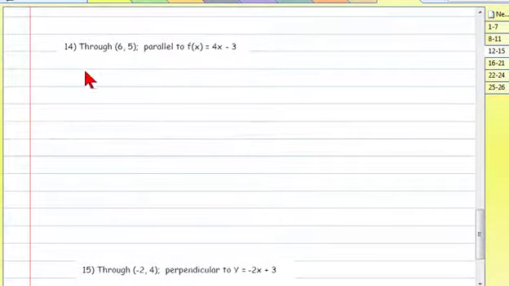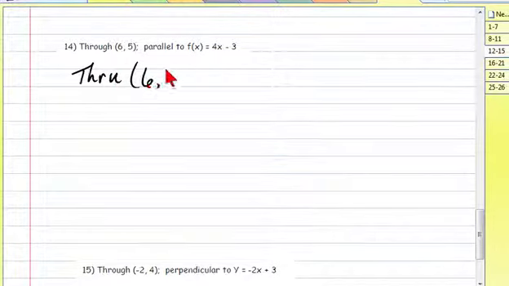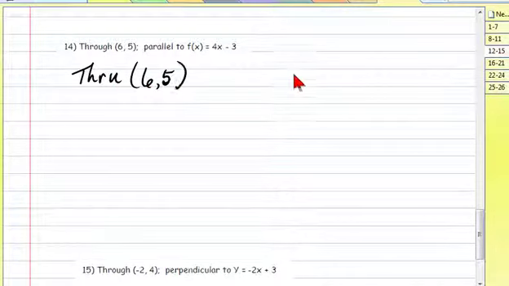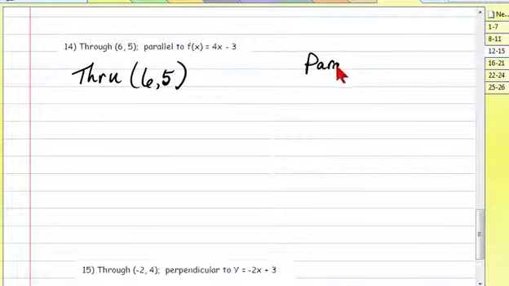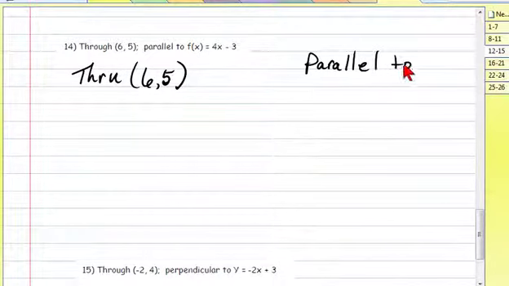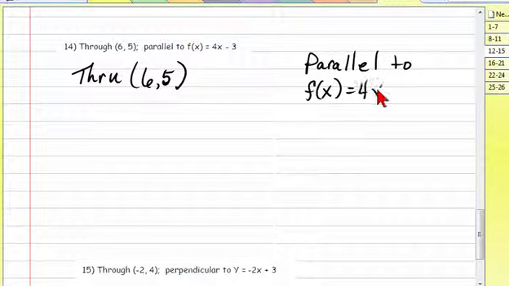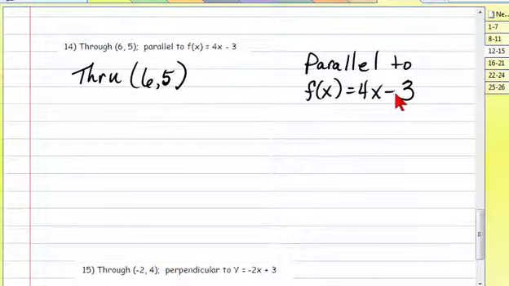Number 14. I have a line. It goes through (6, 5), and it is parallel to f of x equals 4x minus 3.